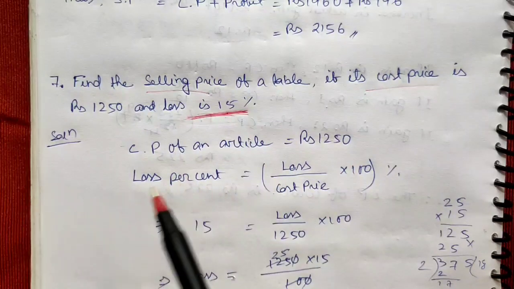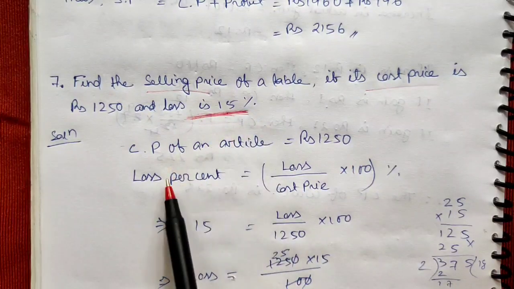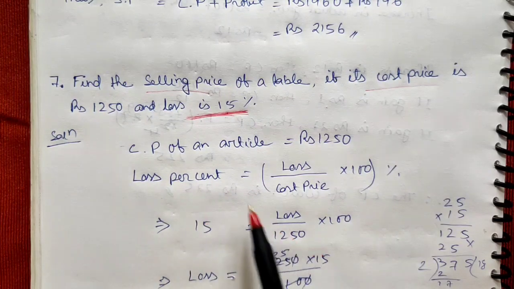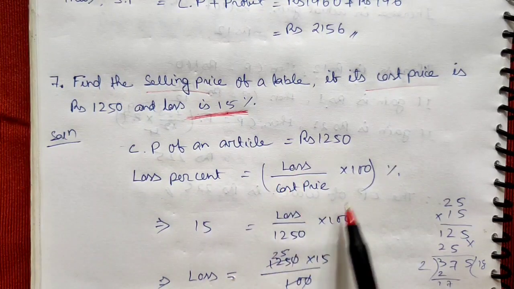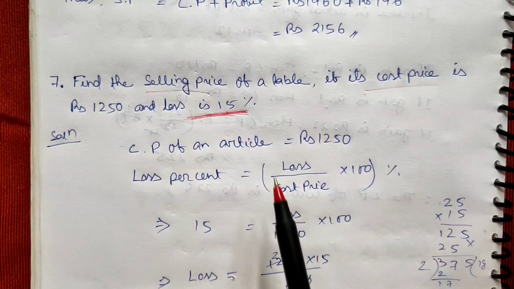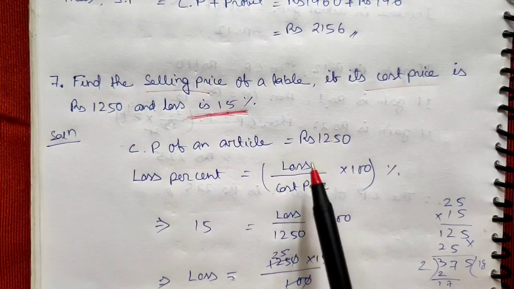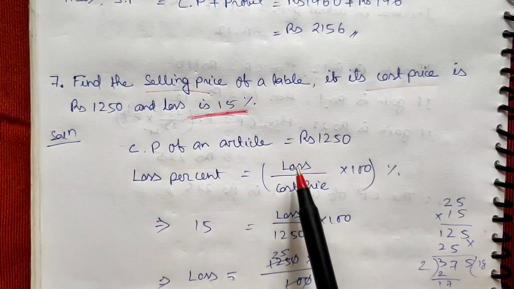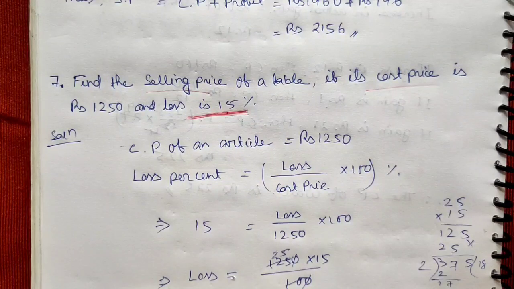Now, as earlier, loss is given, so we will write loss percent. Loss percent equals loss by CP into 100, and profit percent is profit by CP into 100. We just replace this word. In profit percent here is profit, and in loss percent here is loss. Up to this clear?